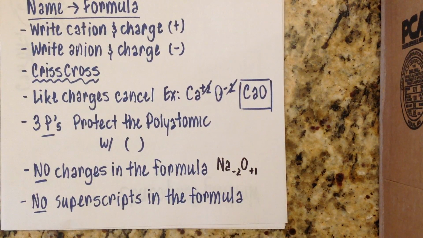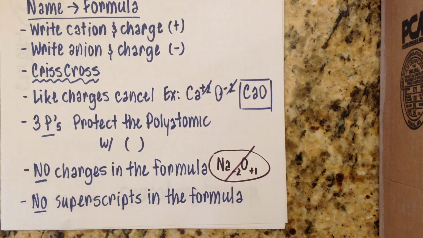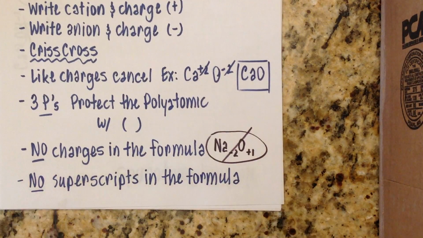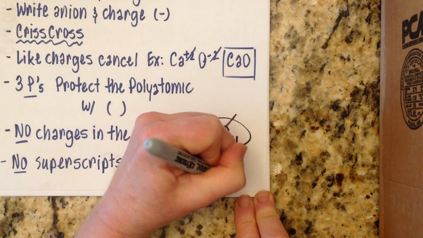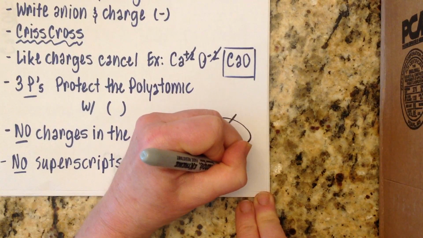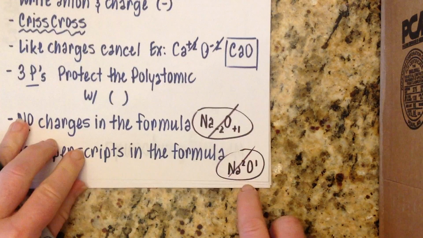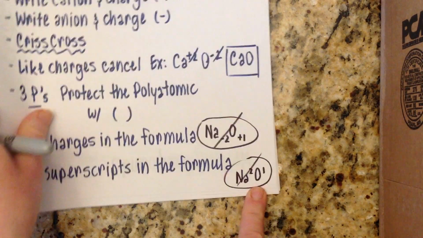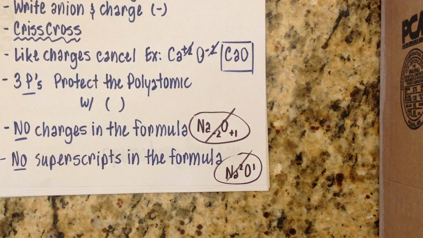Those charges down there, again, they look busy. They look weird, not what you want to see in a formula. And also, you never want to have anything like this. You don't want to have any kind of superscripts in your formula. So these, hopefully, again, look weird to the eye. So you'll know not to do that.